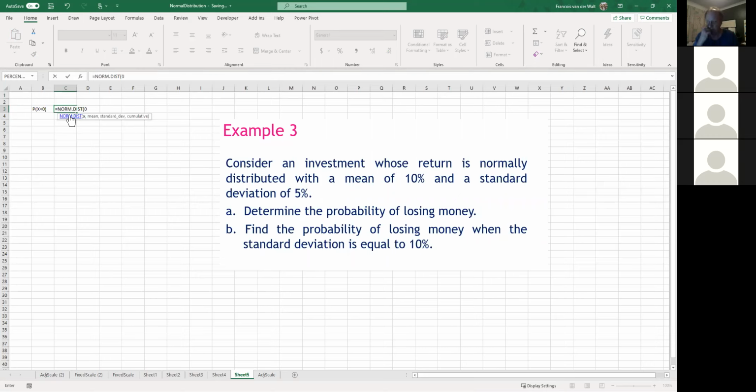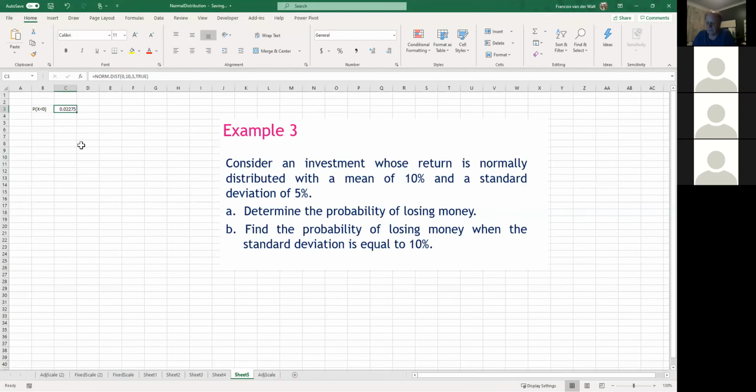We want to know the probability of it being less than 0, where the average is 10 and the standard deviation is 5. And True. It's 20%. The probability that I'm going to lose money on this is 20%.